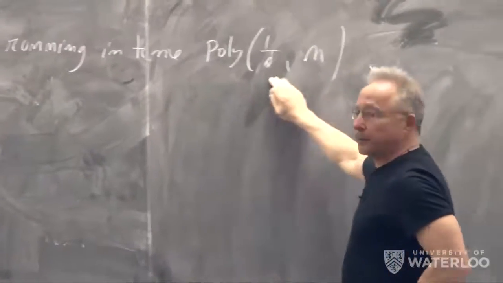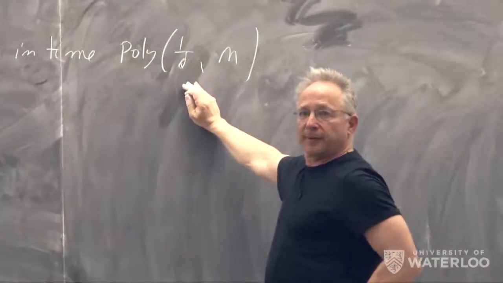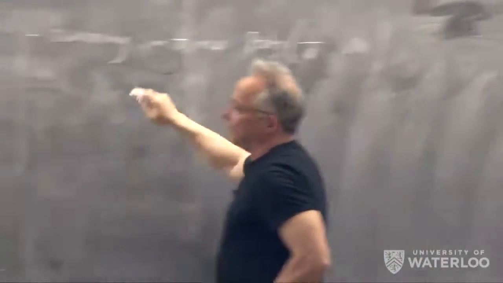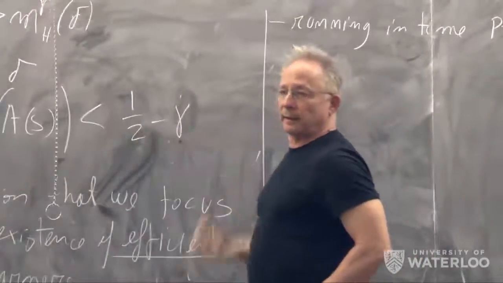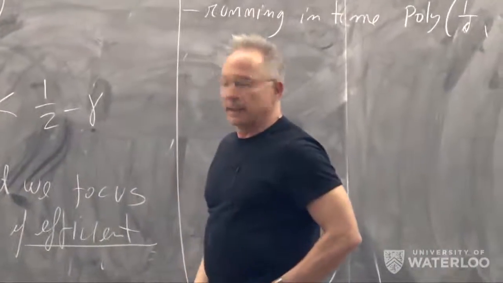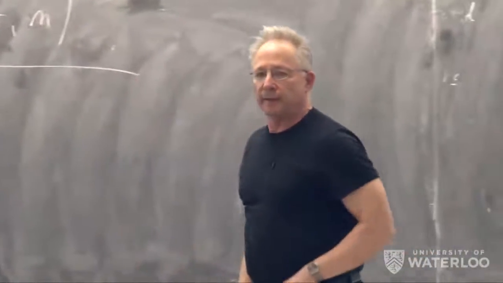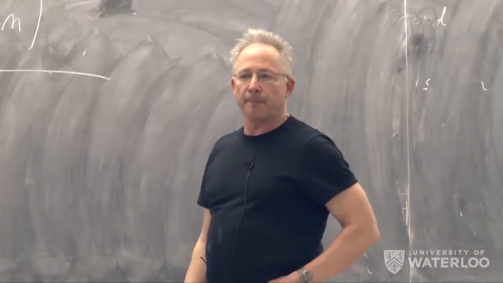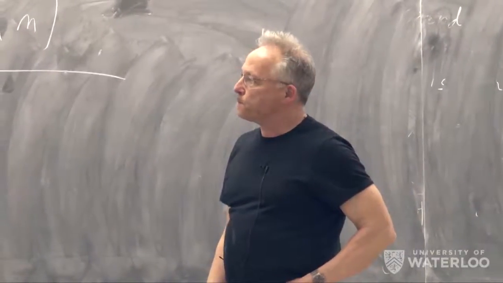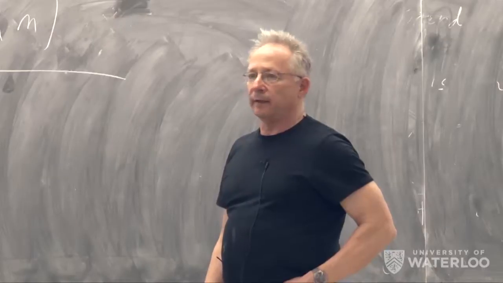So the epsilon disappeared. Instead of the epsilon, all I want to get is error less than half minus gamma. So that's my notion of weak learners.